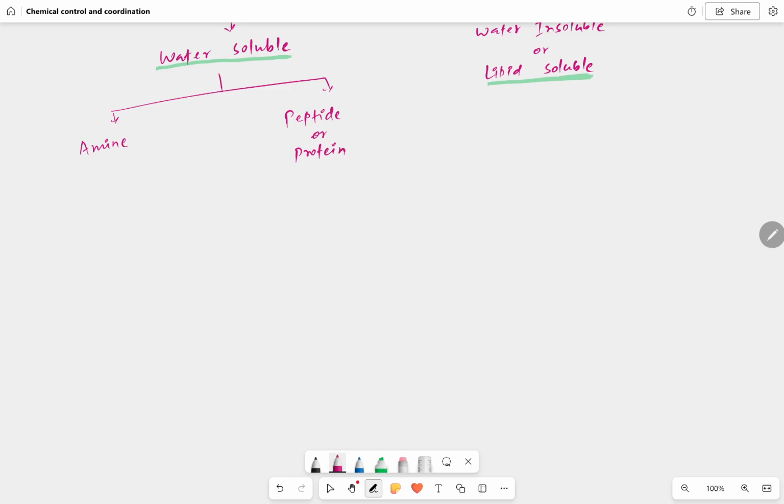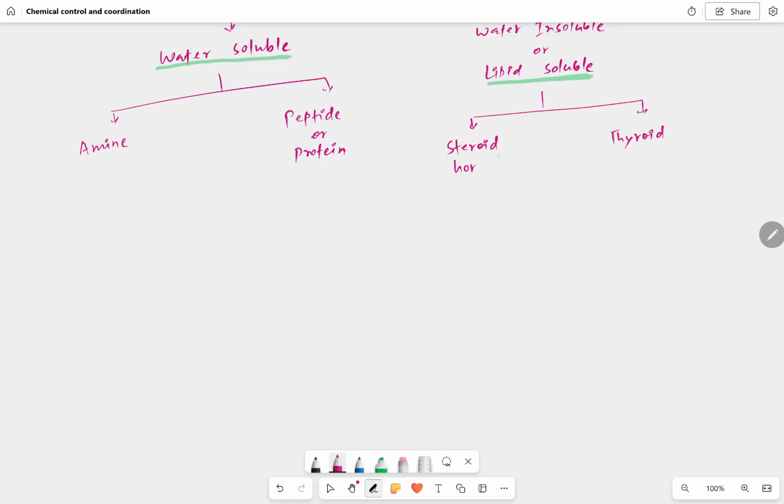But if it is lipid soluble, it may be either a steroid or a thyroid.